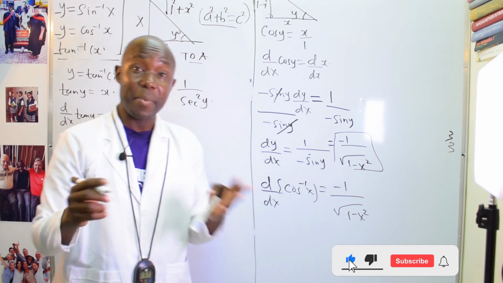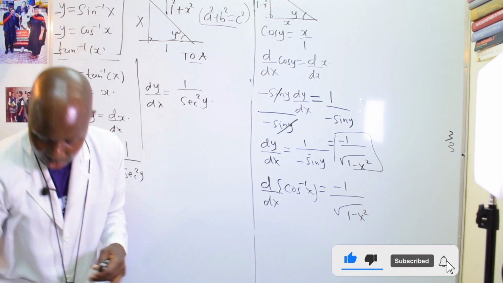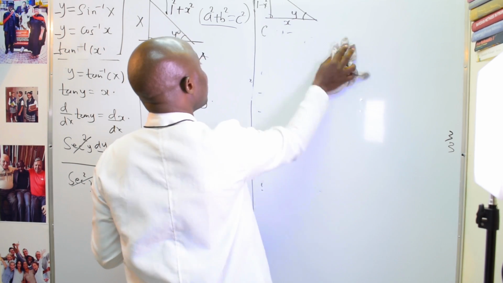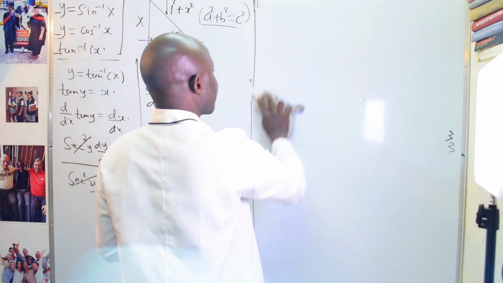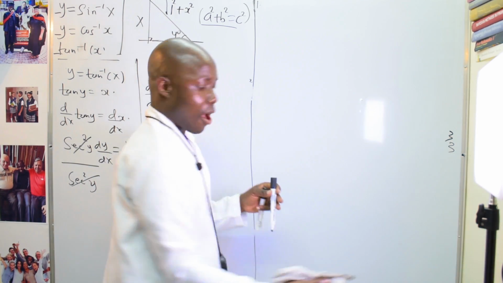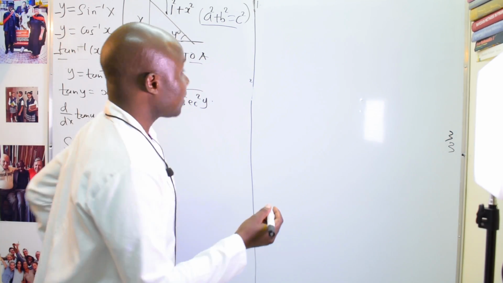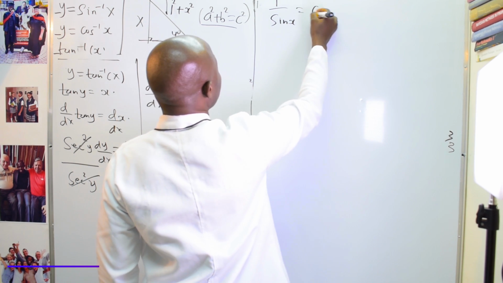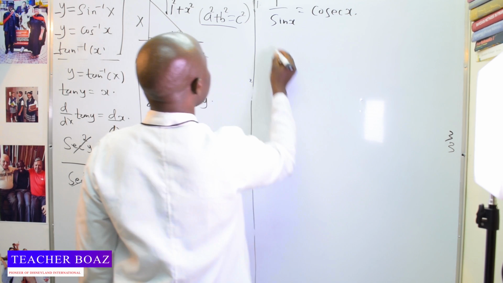But remember, there are some basics that I had taught you before. Allow me to rub this out so that I also explain. Now, there's another important principle that says 1 over sine x becoming cosec x. That's rule 1.